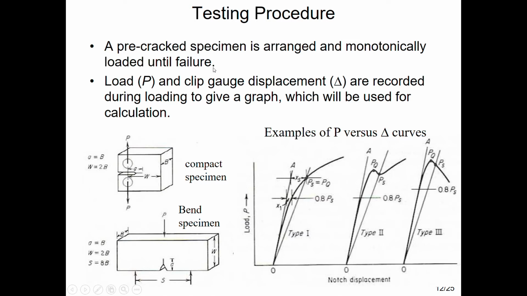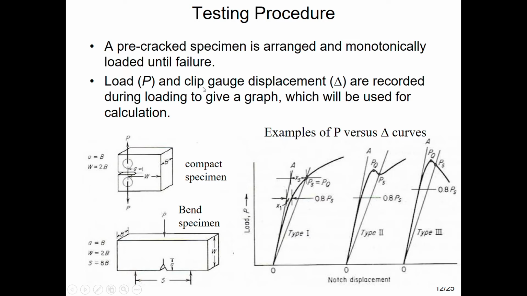Before this, most likely we just use a specimen with some kind of notch. But for the fracture mechanics testing, we need to have a pre-cracked specimen. It means that you need to specify where is the location of the crack. If you see in this specimen, I have a notch here, and then I also define where is the pre-crack location.